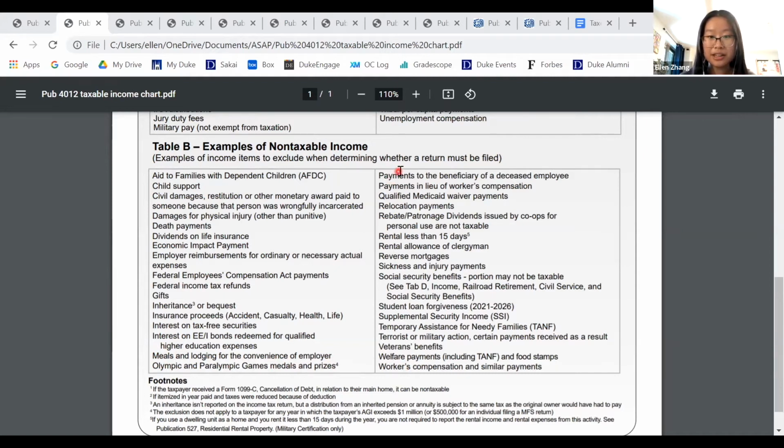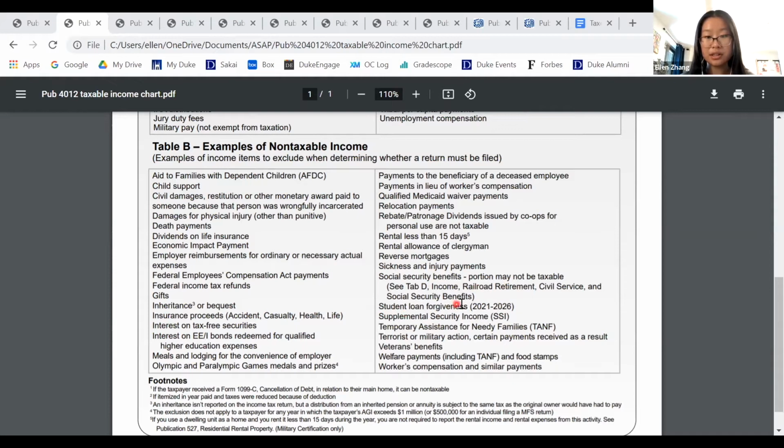Other examples of non-taxable income include any qualified Medicaid waiver payments, sickness and injury payments, some Social Security benefits. So again, Social Security benefits is taxable based on your AGI. So the higher your AGI, the more your Social Security is taxable.